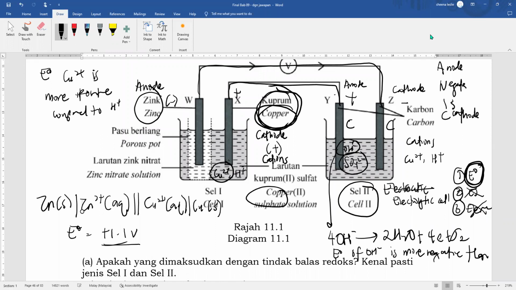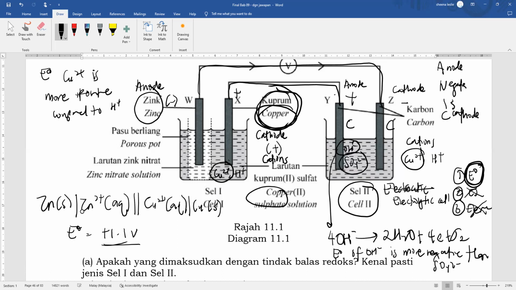The E naught value of OH- is more negative than the E naught value of SO4 2-. Correct. Perfect. That's the answer. Let's go to Cu2+ and H+. Which one am I going to choose? Cu2+ or H+? In order to answer this question, you must think about the ECS first.